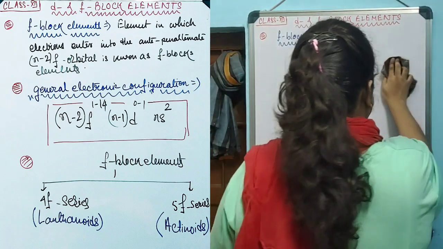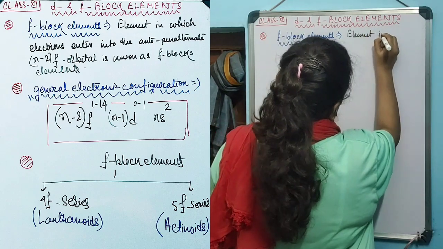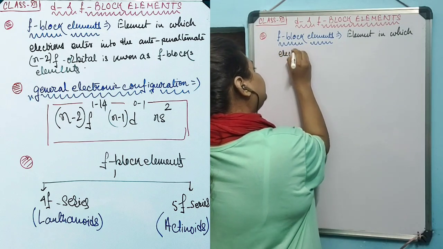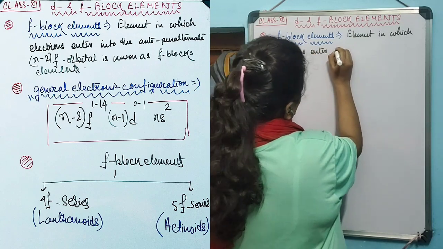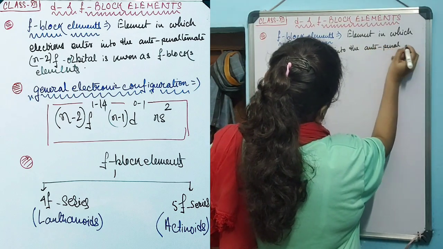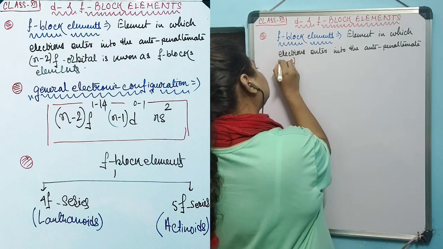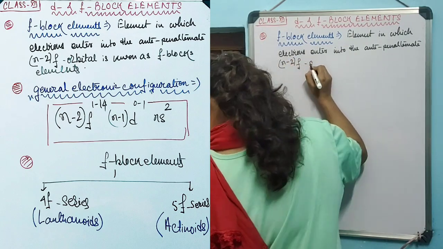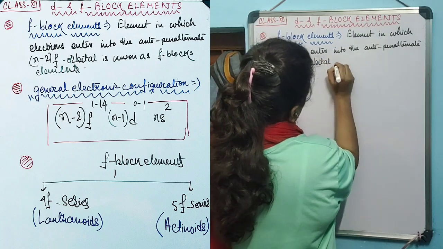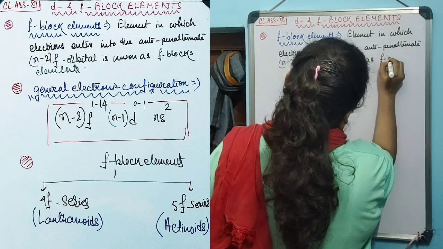The second inner shell. So what it is saying is that elements in which the differentiating electrons enter into the anti-penultimate n-2 f orbital are known as F-block elements.